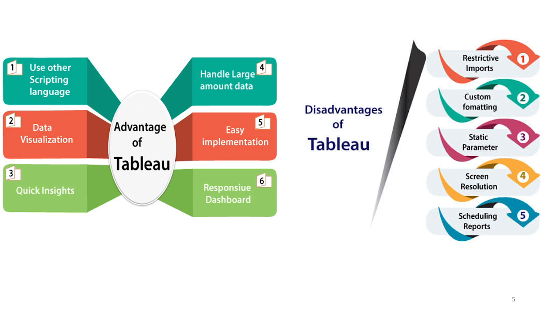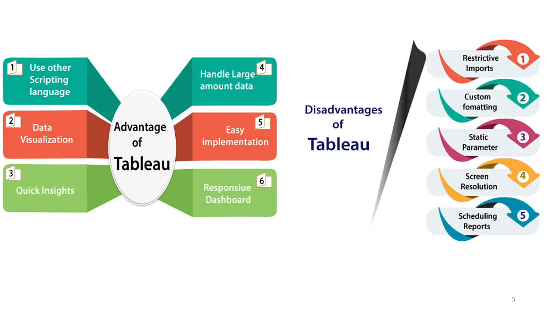Custom formatting means there are some restrictions: we cannot expand the columns or rows if columns are more than 16. Static parameter is a fixed parameter, so you cannot change it.